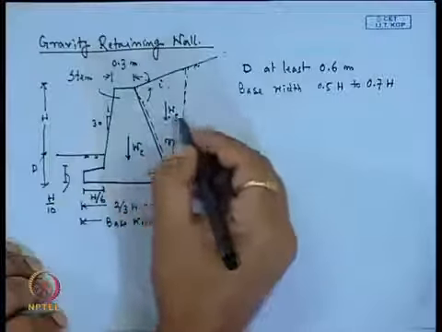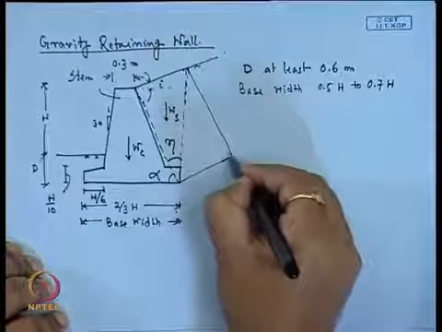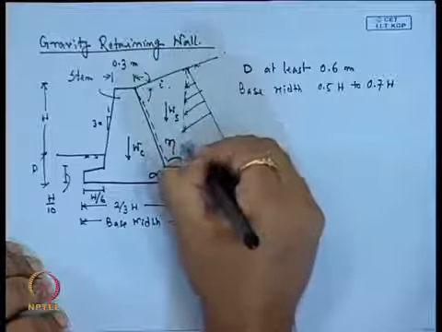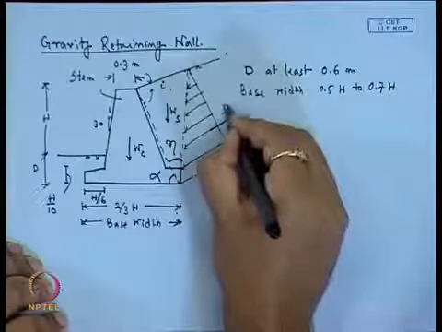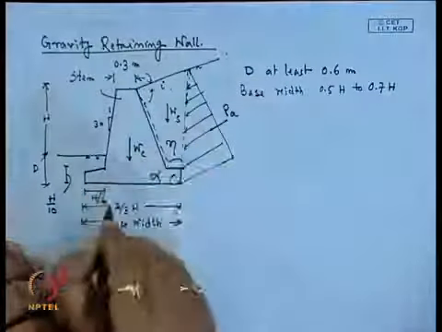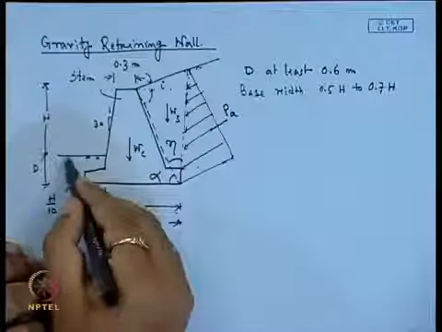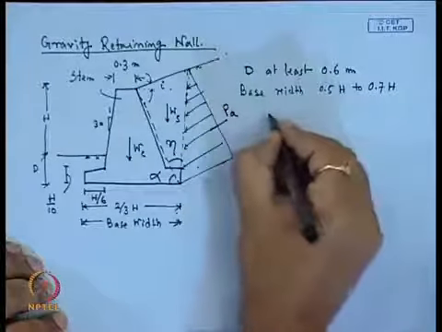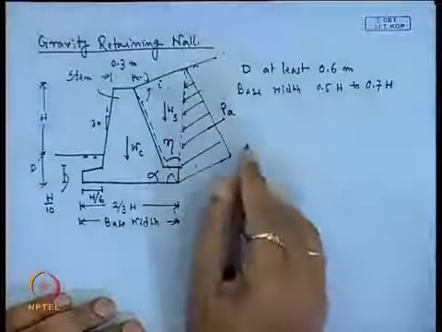Now, the earth pressure that will act. If I consider this earth pressure diagram, this will act Pa for this soil, and here the passive earth pressure also acts. So, this is the active earth pressure. If we neglect this passive earth pressure, this earth pressure can be calculated either by Rankine's formula or by Coulomb's theory.